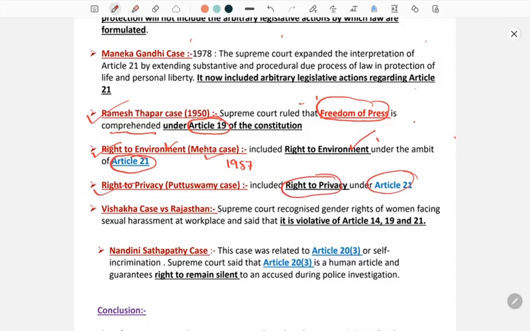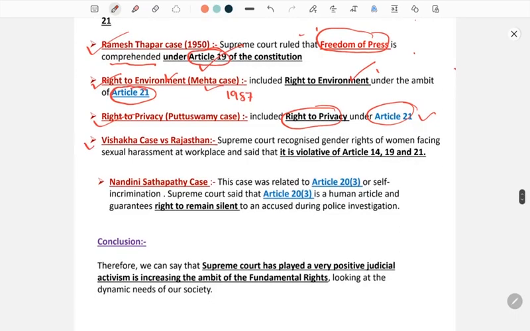Obviously Article 21 is the most interpreted article among the fundamental rights, so 2 to 3 examples of Article 21 will work here. One example from Article 19, and another example you can give is Vishaka versus State of Rajasthan. Here the Supreme Court recognized the gender rights of women facing sexual harassment at the workplace, and said that it is violative of Article 14, Article 19 and Article 21.